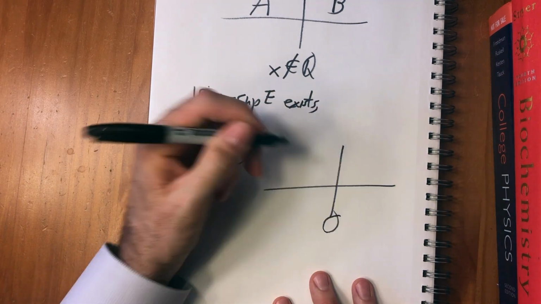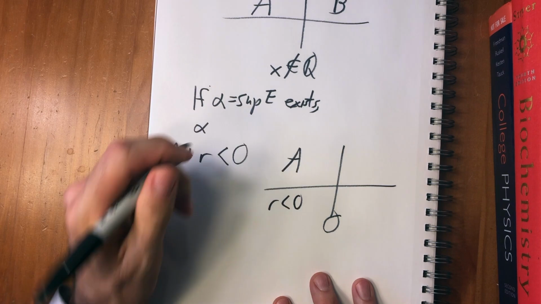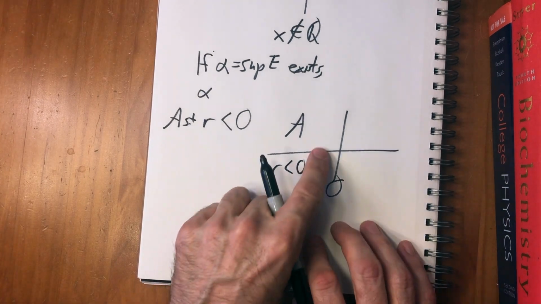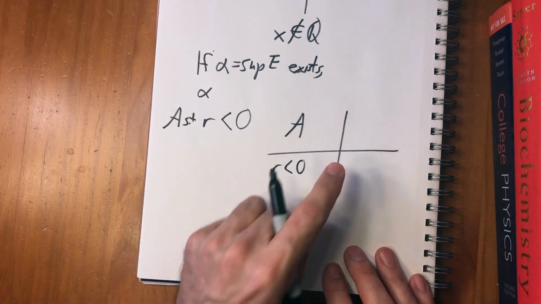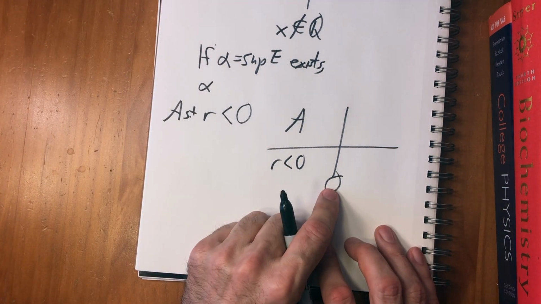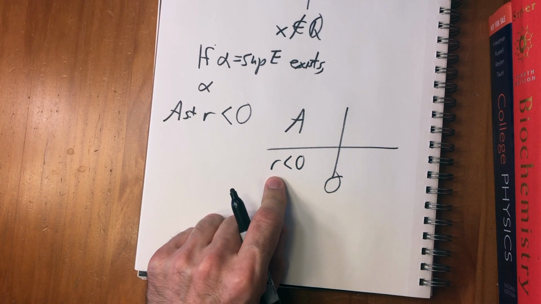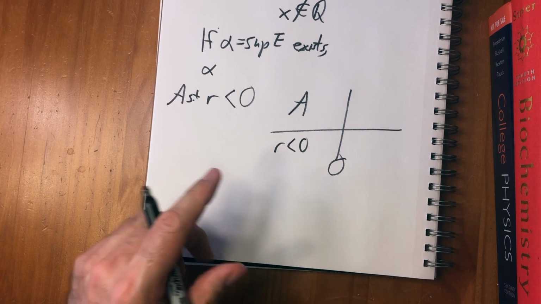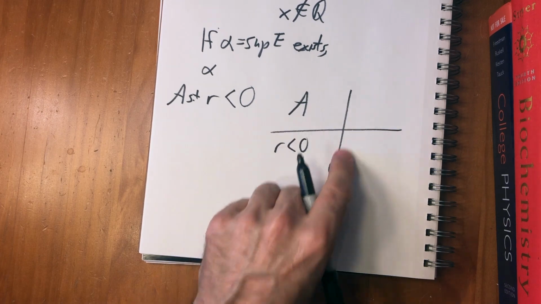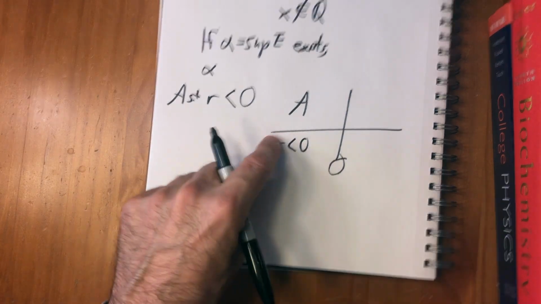So this is 0, and this is A, so it's R less than 0. Then the supremum of this set is going to be 0. But the important point here is that 0 is not in A, because A consists only of the numbers less than 0, okay? So the supremum still exists in the rational numbers, but the supremum of a set does not have to be in the set.